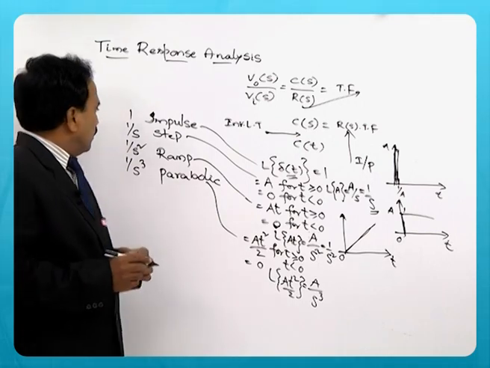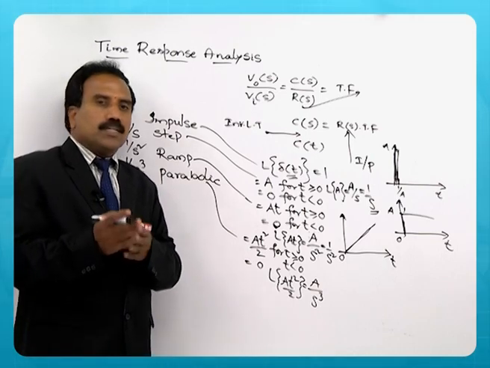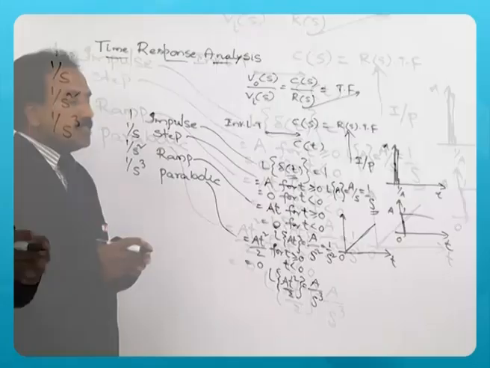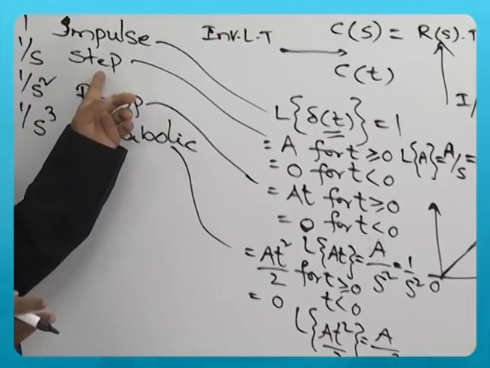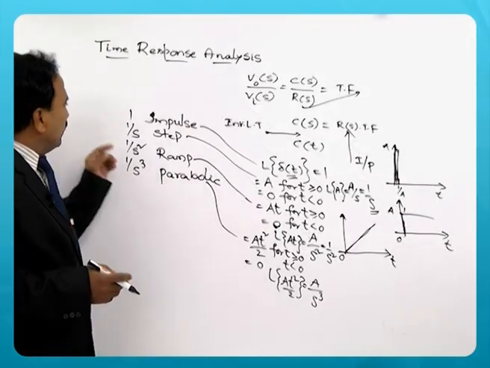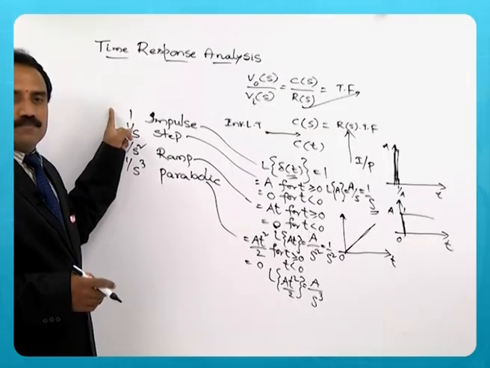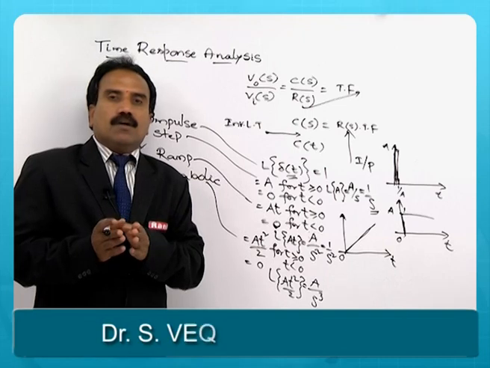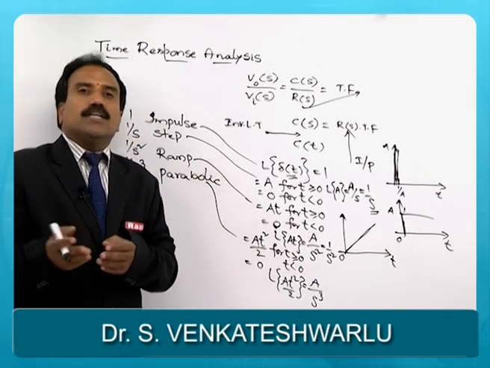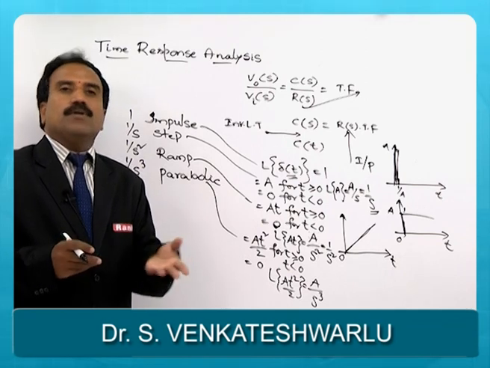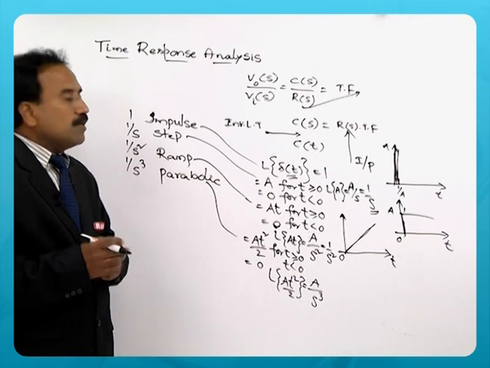So, you get integration or differentiation. The relation exists between these 4 signals. If you know some response, you can find another response by integrating or differentiating. That way all 4 signals have some internal relation that helps us find the response for some input if you know the response for some other input.